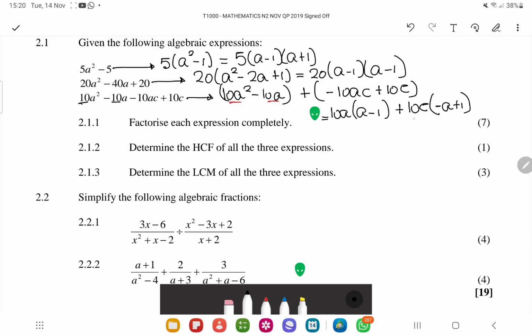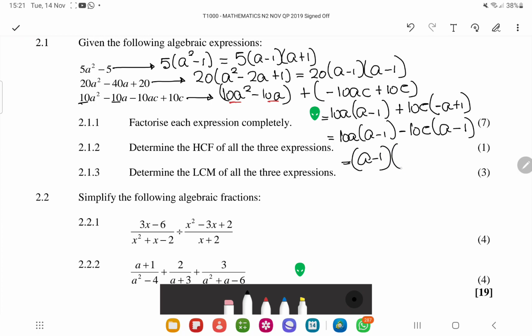What does that mean? It means that we're going to take the common factor of negative in one of the two terms. That will be 10a, then a minus 1. Then we take the common factor of negative 10c, so that will be negative 10c, and the negative will be a, then minus 1. Then we take the common factor, which is a minus 1.